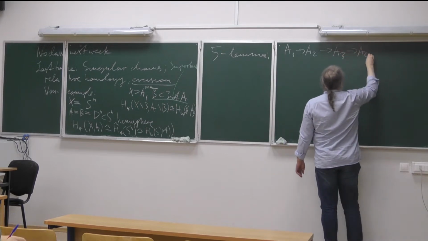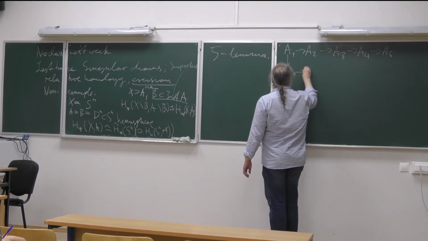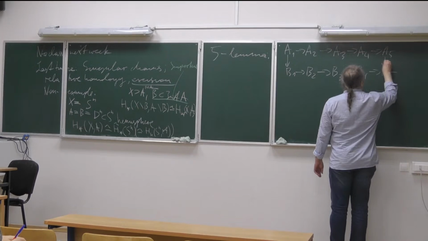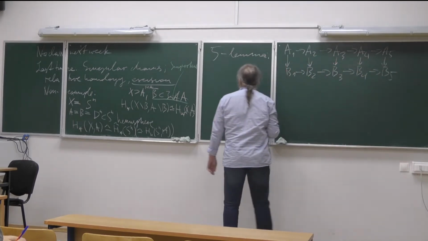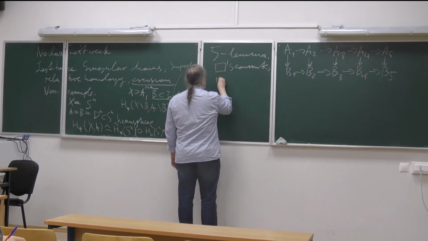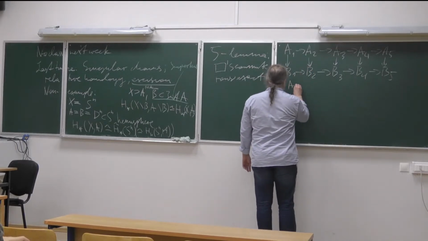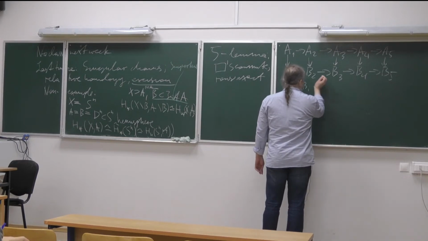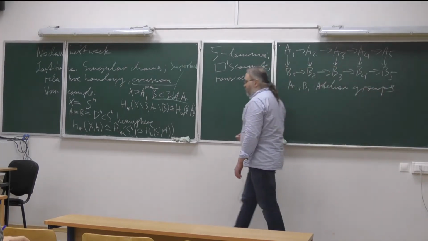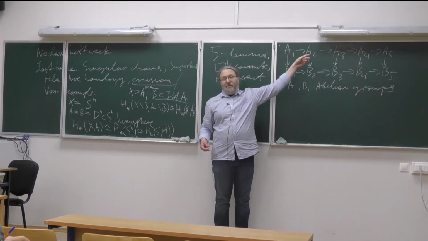Suppose I have a diagram with objects indexed 1 through 5, where the A_i's and B_i's are just abelian groups, and we assume that the rows are exact and all squares commute.